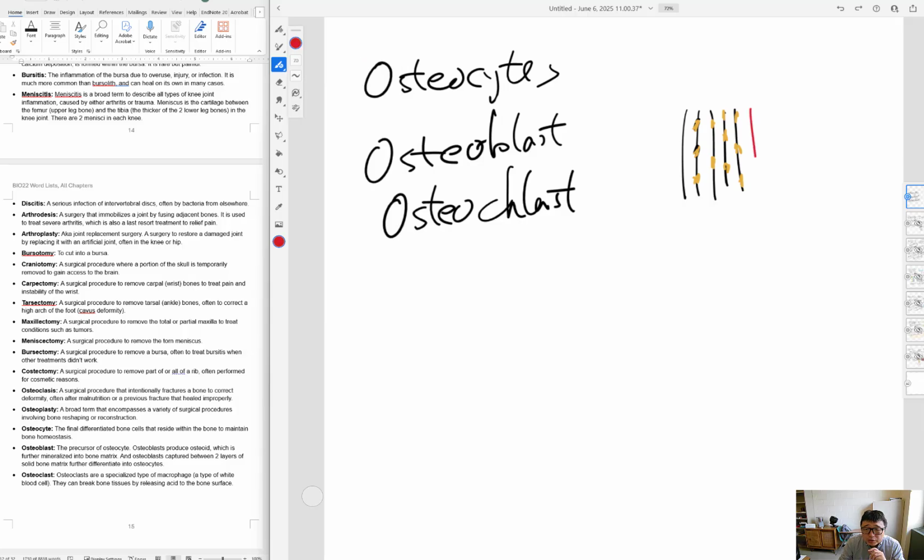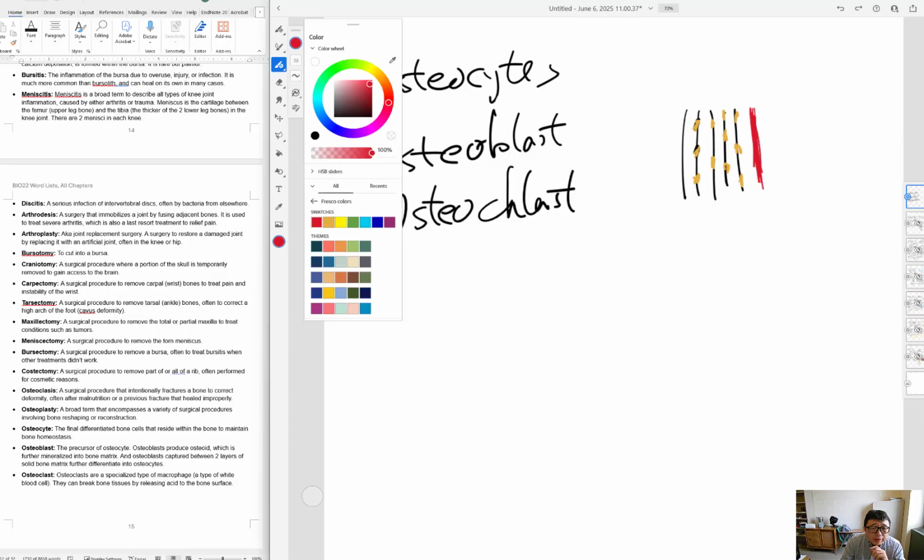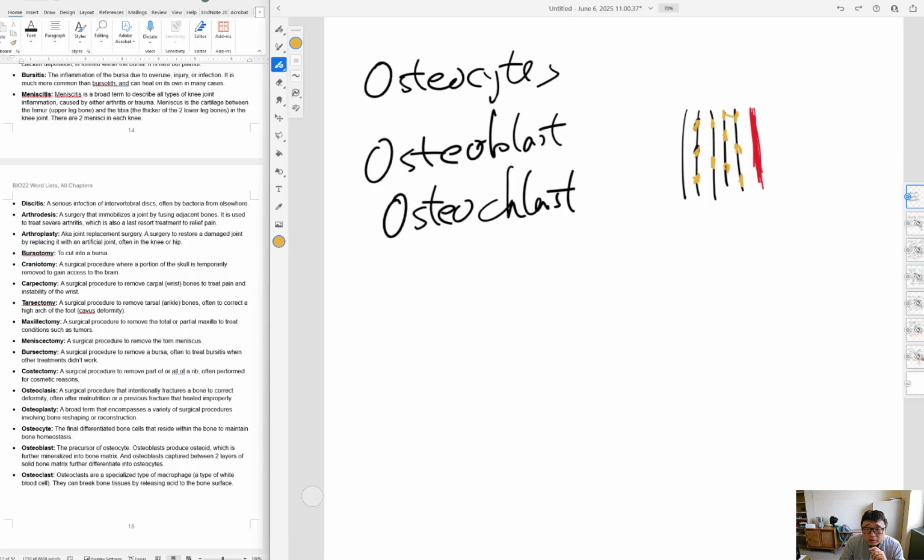In the center is the bone marrow, with blood vessels flowing through it. The osteocytes have tiny tunnels connecting them to each other, forming a network, and eventually everything gets nutrients from the blood vessels inside the bone marrow.